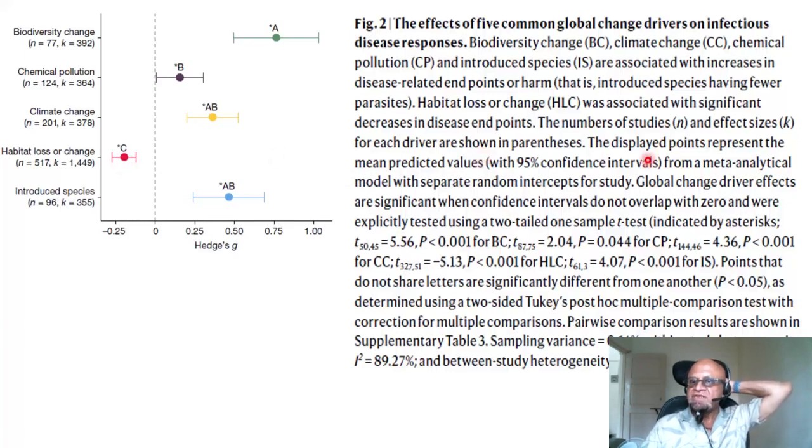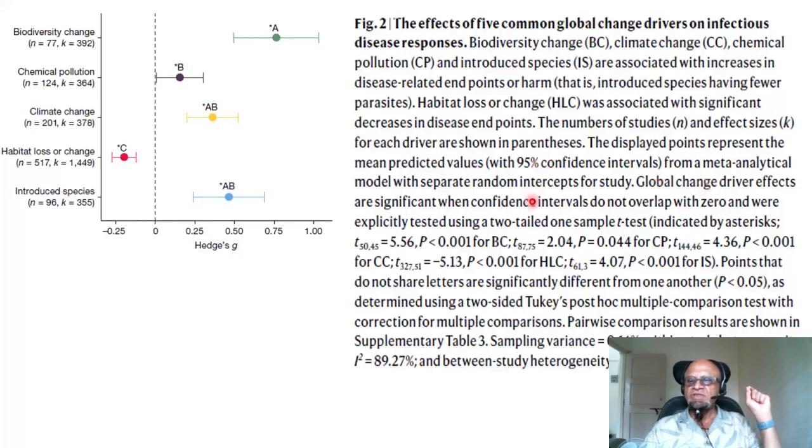Number of studies and effect sizes for each driver are shown in parentheses, so you can see the statistical details over there. The displayed points, sorry, the number of studies and effect size K for each driver are shown in parentheses.